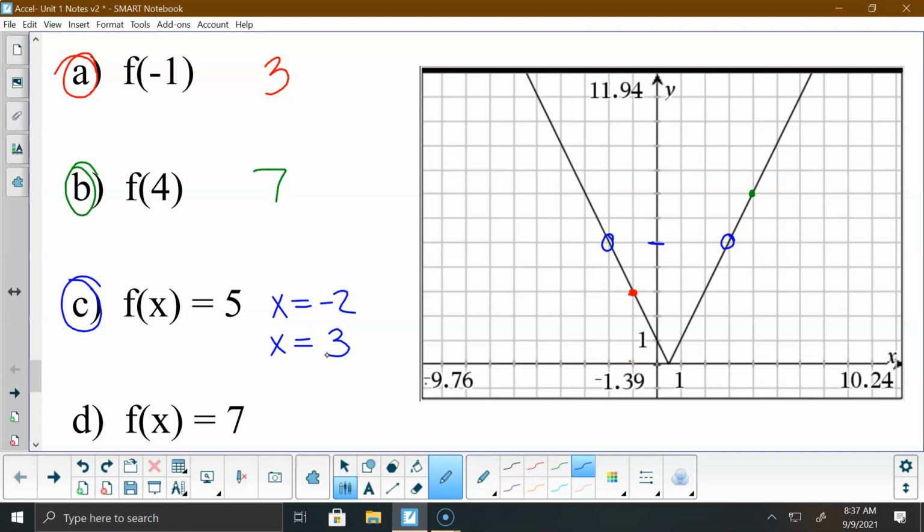Do we want to do example D? Okay. You want to try it on your own? Okay.